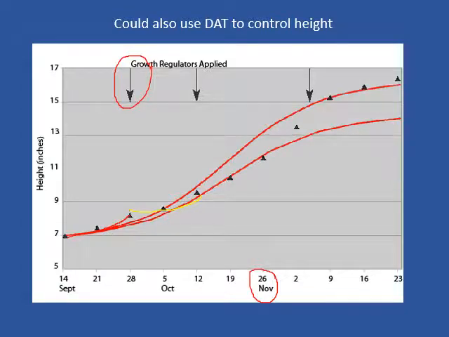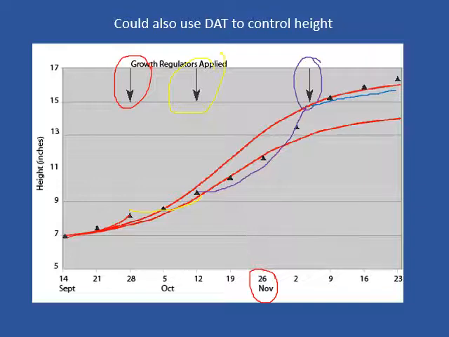They apply a growth regulator, and it starts to slow down and it starts to pick up. Whoops, that's a terrible line. And then it picks up again to here, and they apply a third growth regulator. And then at that point, it kind of just levels off, and then you're shipping it out.